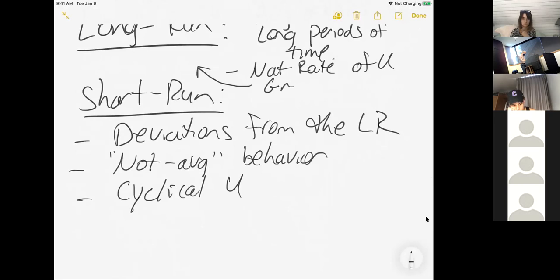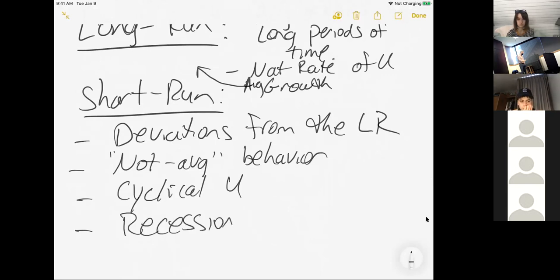So in the long run, we might talk about average growth. What are we talking about in the short run? Recessions. A lot of what we're going to talk about here over the next week is what about recessions?